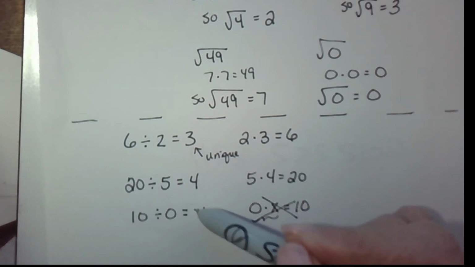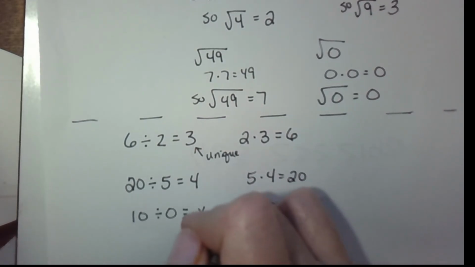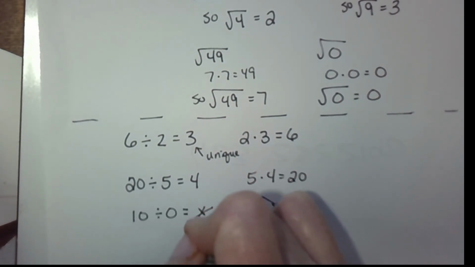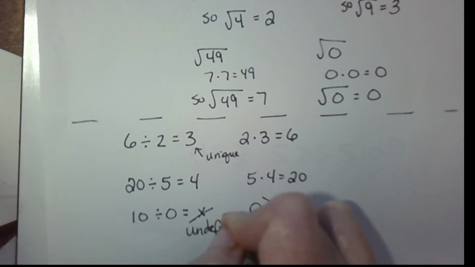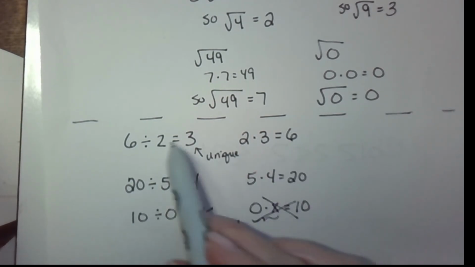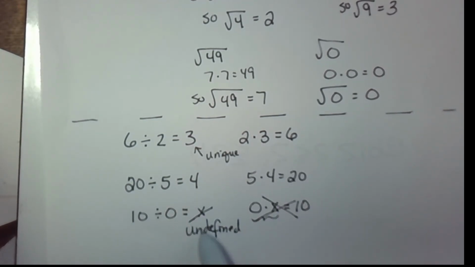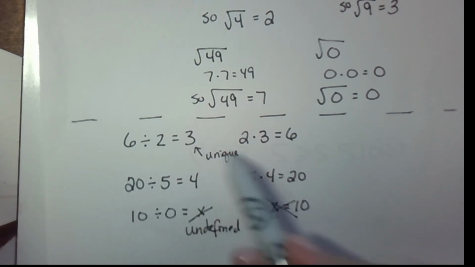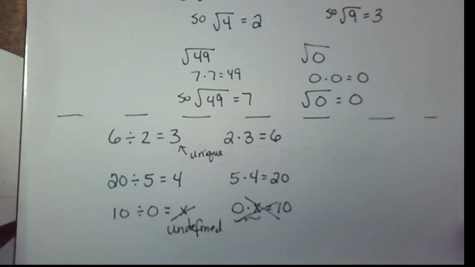So that's why we say when we divide by 0, it's just undefined. It does not fit the definition. Whereas these up here are defined. This is undefined. There's no definition for this. So it's not a numerical answer. We just say it's undefined. You can't divide by 0, and this is why: because it breaks the definition of division.